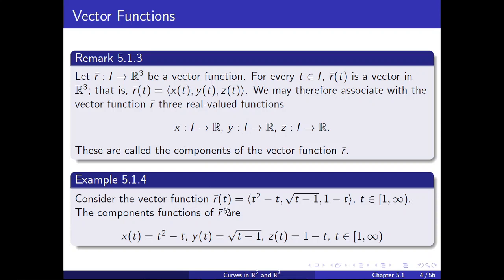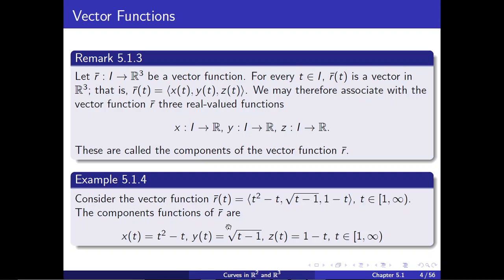Now let's look at an example. So consider the three-dimensional vector function r of t, such that the first component is t squared minus t, the second component is root t minus 1, and the third component is 1 minus t, and our interval is from 1 to infinity.